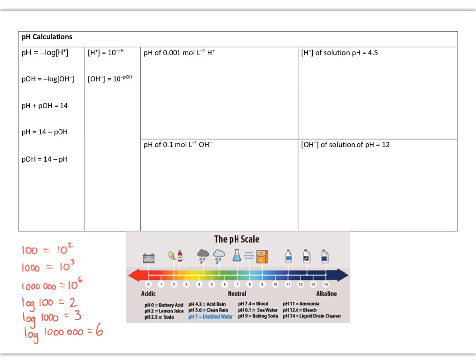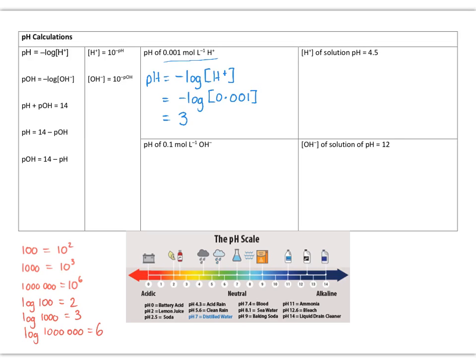So if we have a solution that has a concentration of 0.001 moles per litre hydrogen ions, pH equals minus log to the base 10 of the concentration of hydrogen ions, equals minus log to the base 10 of 0.001, equals, put it in my calculator, just got to press the buttons in the right order, equals 3.